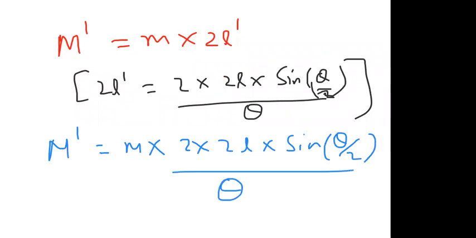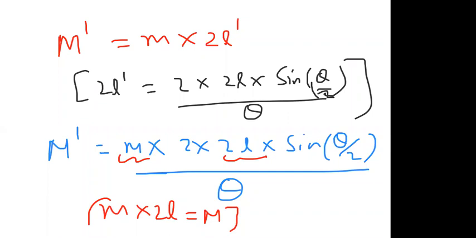Observe carefully now. This is small m, this is 2L. I have already derived that small m into 2L is nothing but magnetic moment M. In my first page itself, I have written small m into 2L.